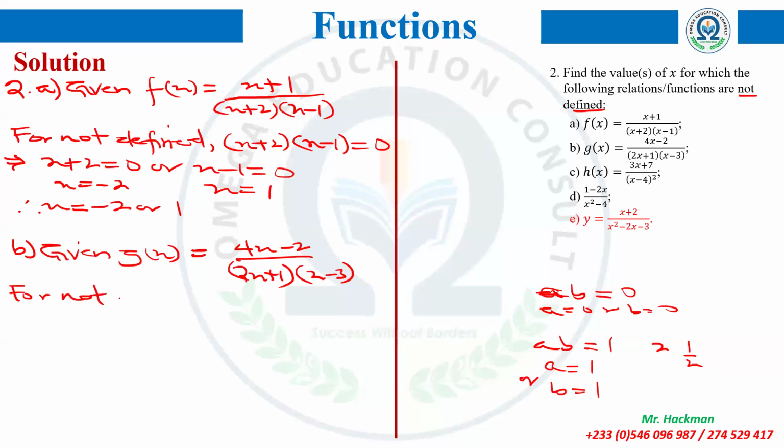For not defined, comma, our denominator, which is 2x plus 1 going into x minus 3, should be equal to 0. So if the question asks you to deal with defined, then it means it shouldn't be equal to 0. You get it? It's the same thing, you just play with it. So if the not is not there, the question asks you to find the values of x for which the function would be defined.